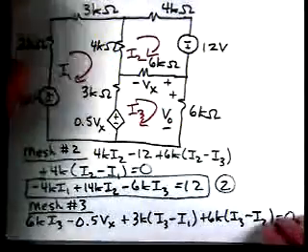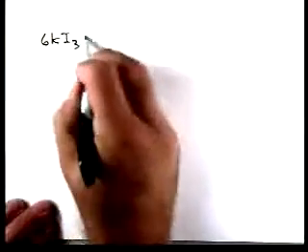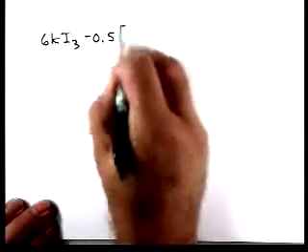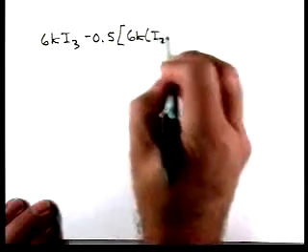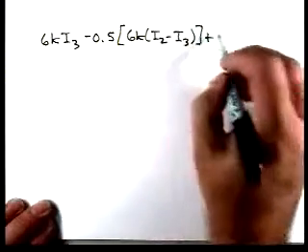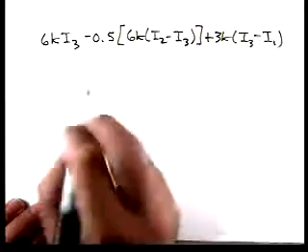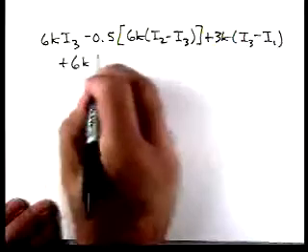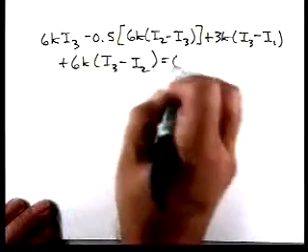So now let's work on that equation some. We have 6K I3 minus 0.5 times 6K times I2 minus I3 plus 3K times I3 minus I1 plus 6K times I3 minus I2 equal to 0.